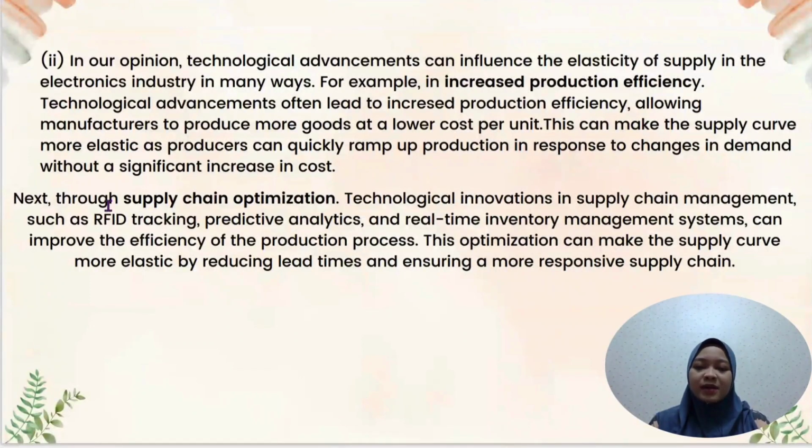Through supply chain optimization, technological innovation in supply chain management such as RFID tracking, predictive analytics, and real-time inventory management systems can improve the efficiency of the production process. This optimization can make the supply curve more elastic by reducing lead times and ensuring a more responsive supply chain.